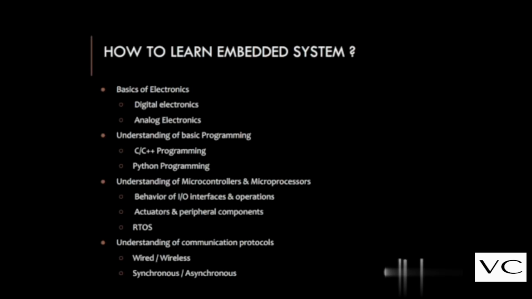Also, apart from that, we should have prior knowledge of microcontrollers and microprocessors, how these two things differ from each other, when to use which, and what external peripherals we can connect with this particular hardware, and how the behavior of that particular controller or processor is with those interfaces, and how to operate those interfaces.